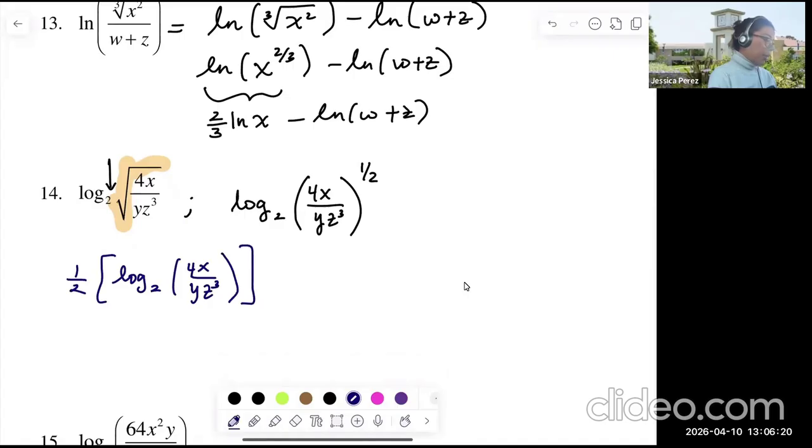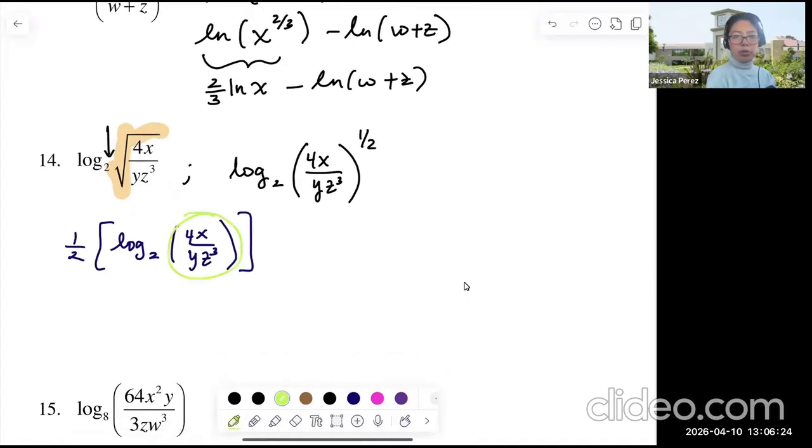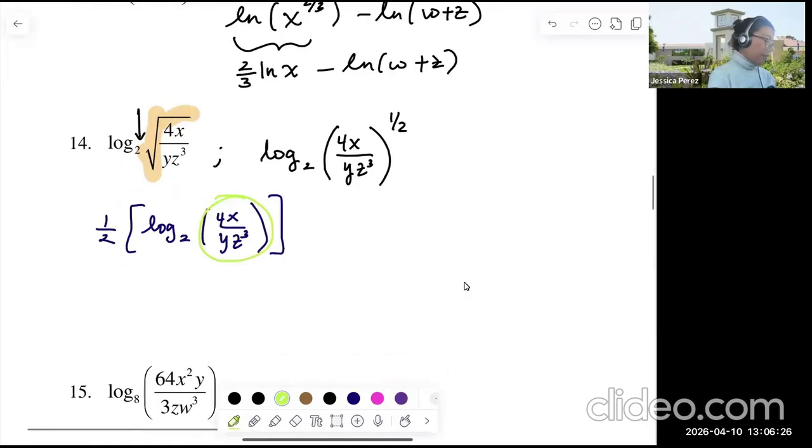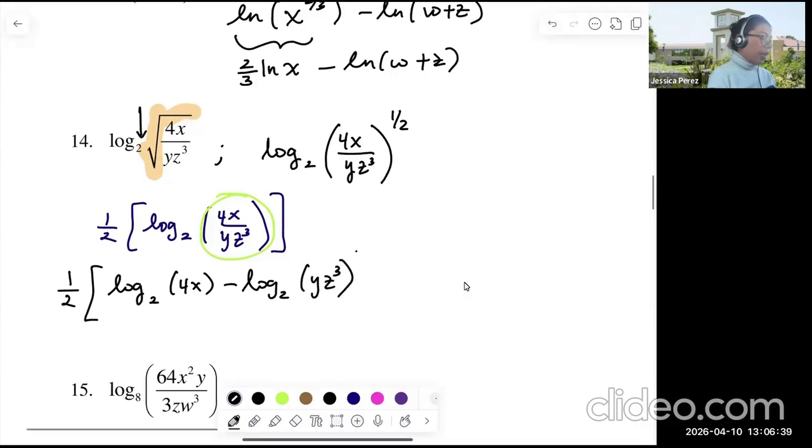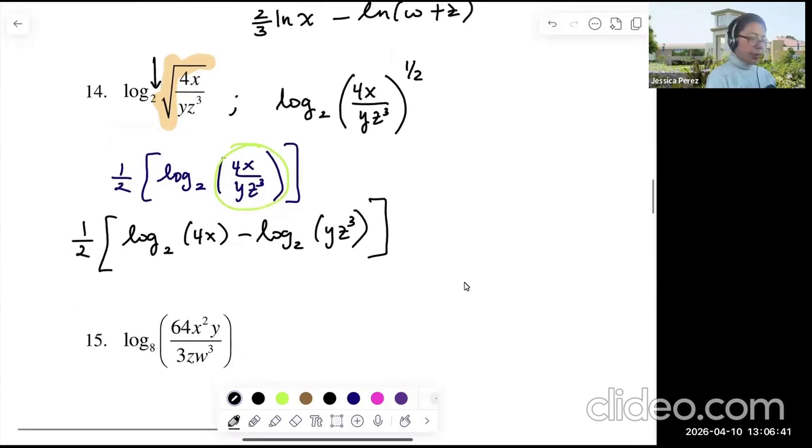Then I'm going to use the properties of subtracting the logs because I have a division. So the 1/2 will stay up front. I'll have log base 2 of 4x minus log base 2 of yz to the third power. Now I have multiplication within those logs.